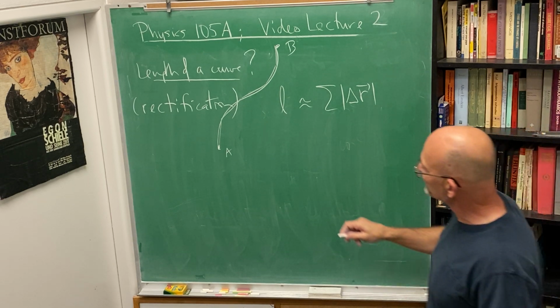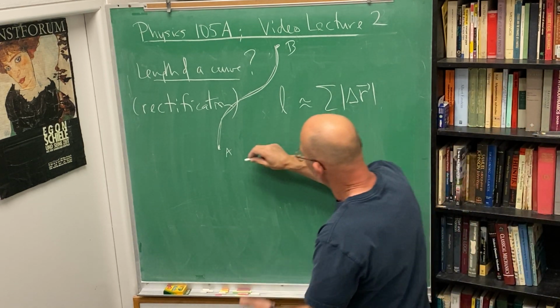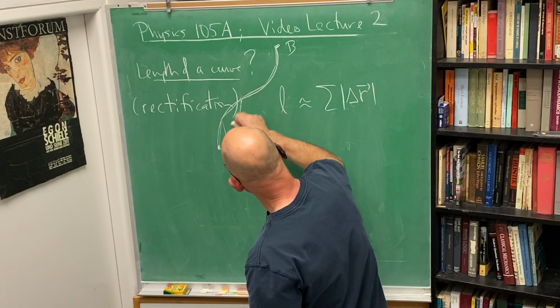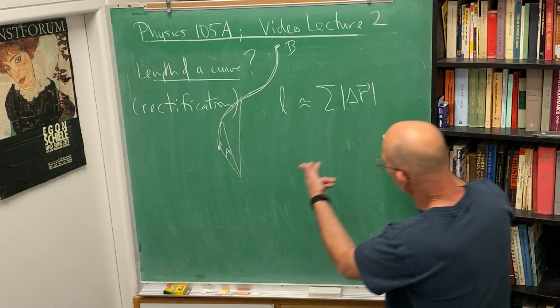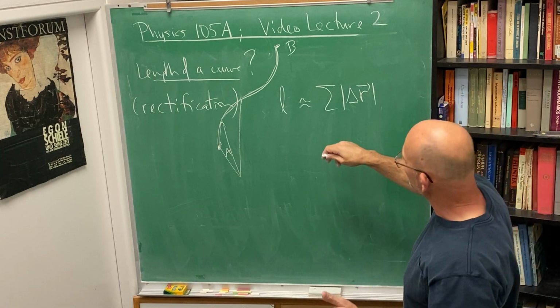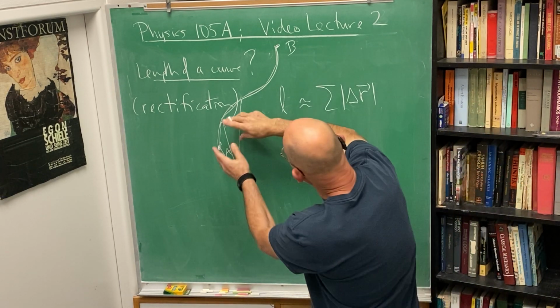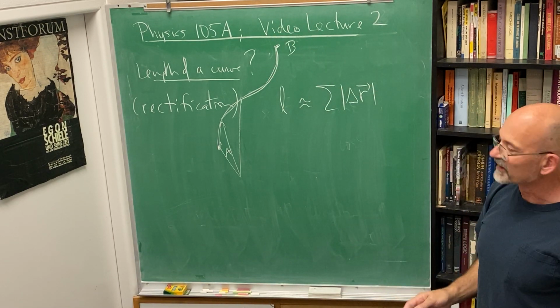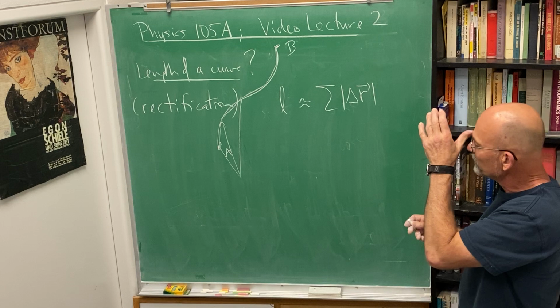We'll just sum up all the delta r's, and these r's are the endpoints of these respective vectors here. Each time you have a delta r, you take its absolute magnitude, you sum them up, and if you make this smaller and smaller, and the limit is Riemann sum, you're going to turn that into an integral, and you'll get the length of this smooth curve here.